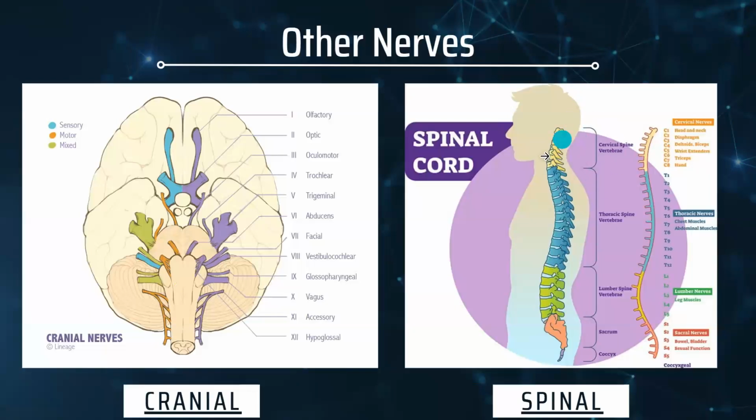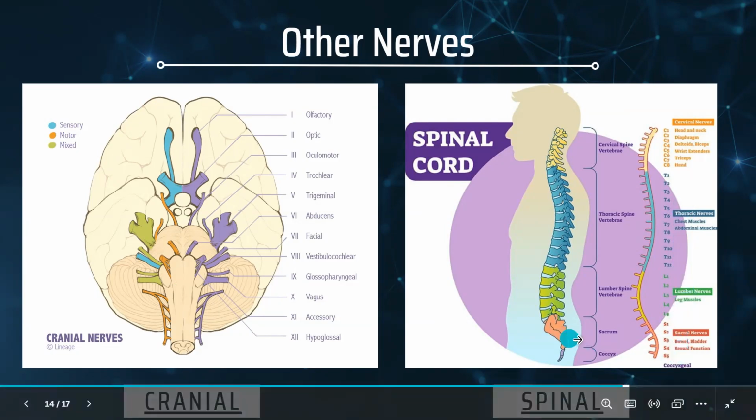So our cervical spine is the only one that's the exception to the rule. It actually has 8 pairs of spinal nerves, one for each level of the vertebrae, and then one more that comes out just below C7. Thoracic matches up, there's 12 pairs. Lumbar matches up, there's 5 pairs. And then sacrum, even though it's fused, it still has a nerve for each of its segments.